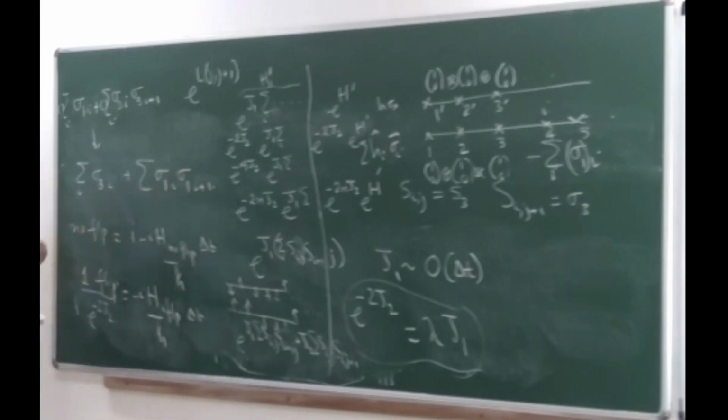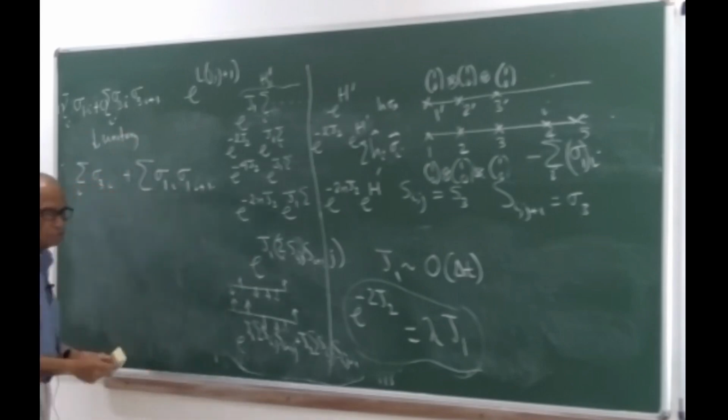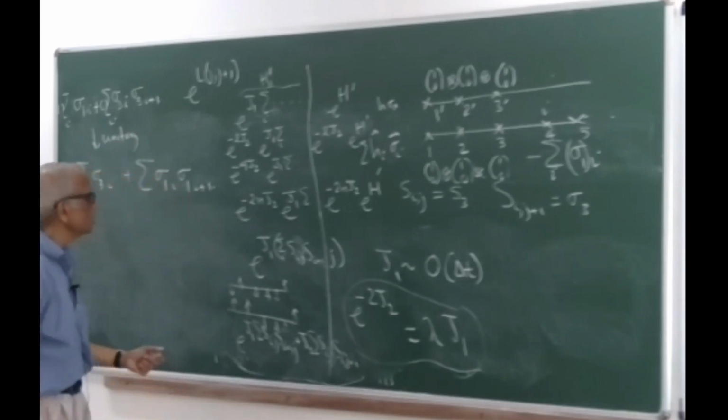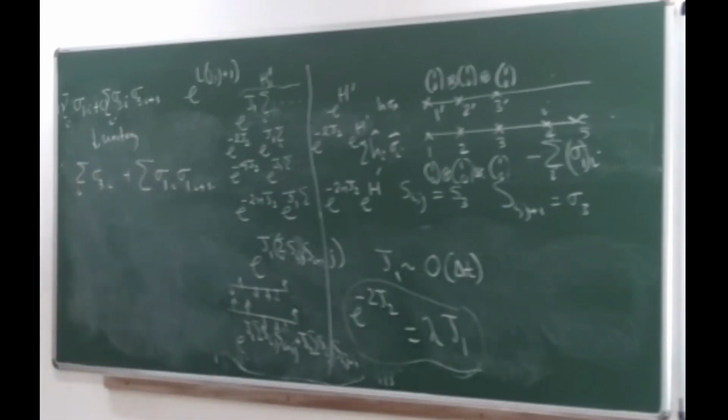Written like so, through a unitary transformation, this goes to this, and once you have this, this can have a meaning. What this means is that I have a quantum Ising model, a one-dimensional chain of quantum spins. It's a one-dimensional quantum problem.